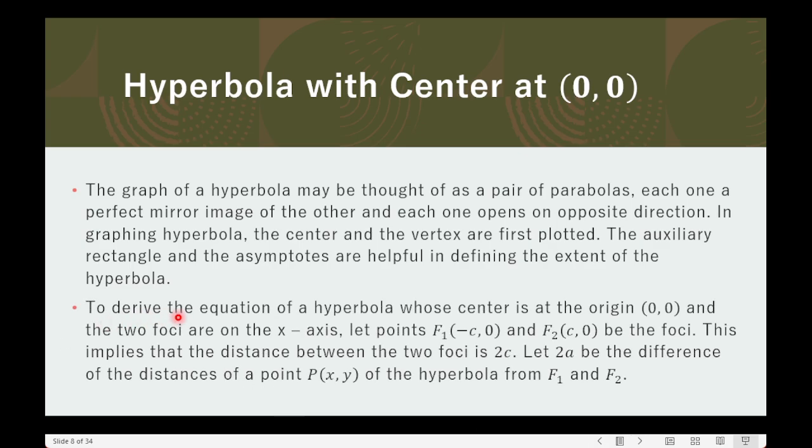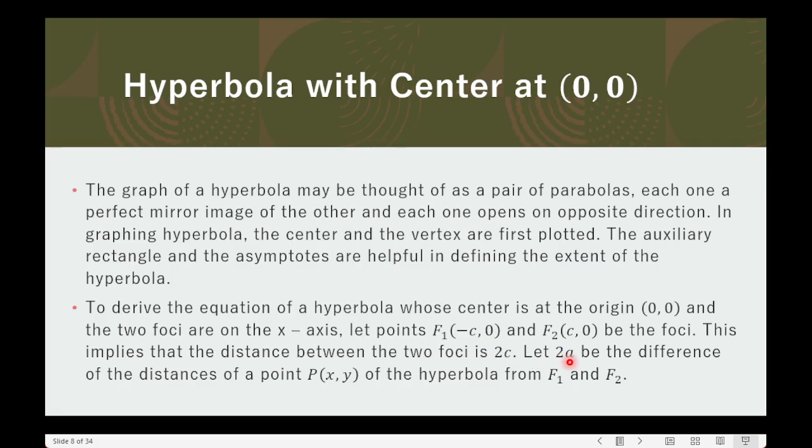To derive the equation of a hyperbola whose center is at the origin, (0, 0), and the two foci are on the x-axis, let points F sub 1 with coordinates (negative c, 0) and F sub 2 with coordinates (positive c, 0) be the foci. This implies that the distance between the two foci is denoted by 2c.